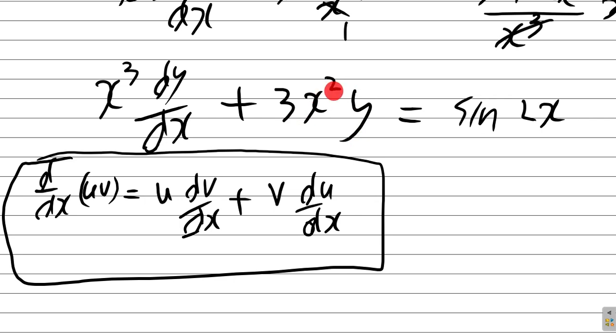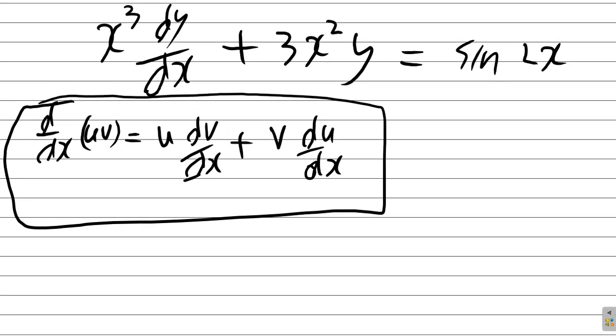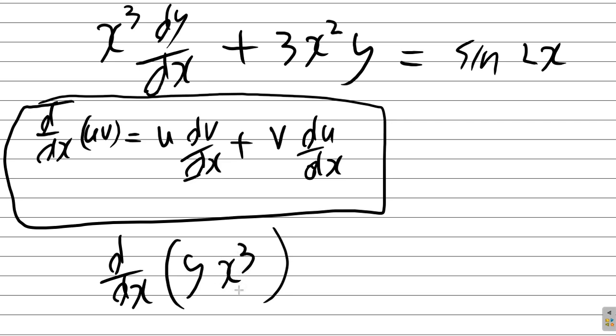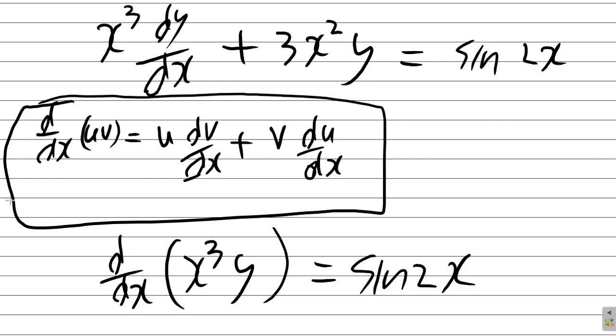When you differentiate x cubed, you have 3x squared. So what you have here is the derivative with respect to x of a product. What's that product? It was y times x cubed. Alright? Or let's write it as x cubed y. And that is equal to the sine of 2x.